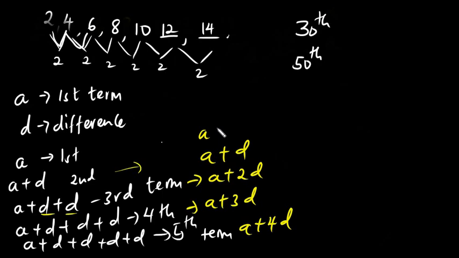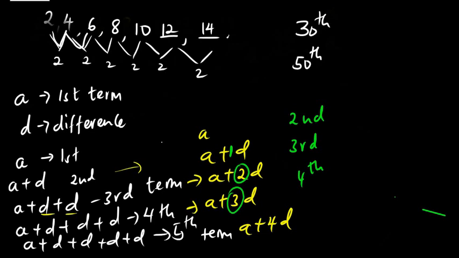You should be able to realize a particular pattern that is forming here. To get the second term, we need to add 1D, or A plus 1D. The coefficient of D is 1. To get the third term, we are adding A plus 2D. To get the fourth term, it's A plus 3D.